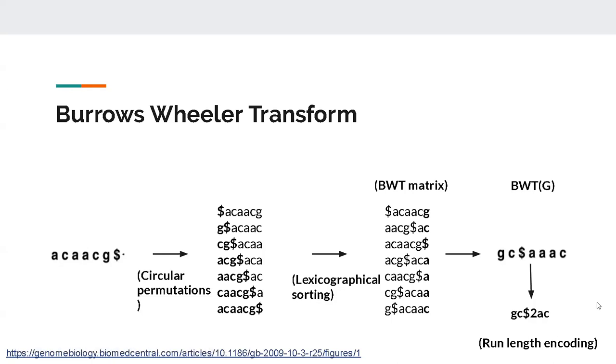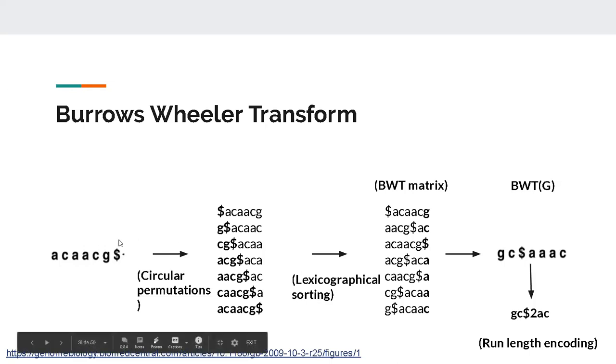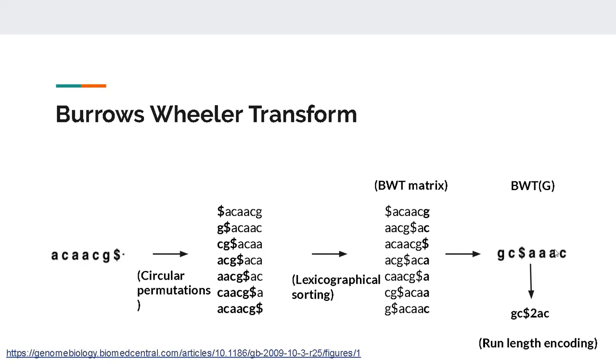So we have created a Burrow-Wheeler transform. Now the idea is that you should be able to go from a Burrow-Wheeler transform and retrieve this string back again. Otherwise, there is no point of disrupting this sequence in this particular order. Are you guys clear at this point how we created the Burrow-Wheeler transform?